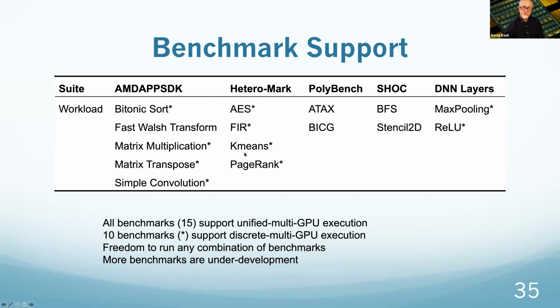Basically, we have AES, FIR, K-means, and PageRank, and we have workloads from Polybench, workloads from SHOC, and also DNN layers from DNNMark, again, our own workloads. So we have basically 15 that support unified multi-GPU execution, 10 that support discrete multi-GPU execution, and you can run any combination of the benchmarks, and more benchmarks are under development.